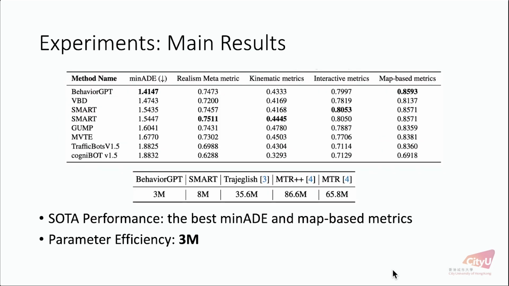Our BehaviorGPT achieves outstanding performance on the Waymo Open Sim Agents benchmark, especially in terms of the mean ADE and the map-based metrics. Notably, our model only contains 3 million parameters, which is much more lightweight than other solutions.